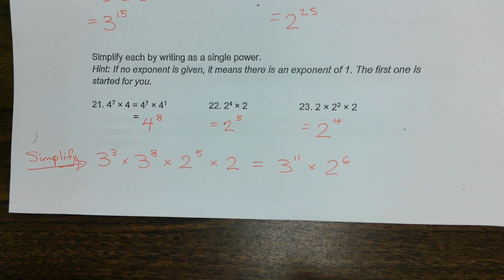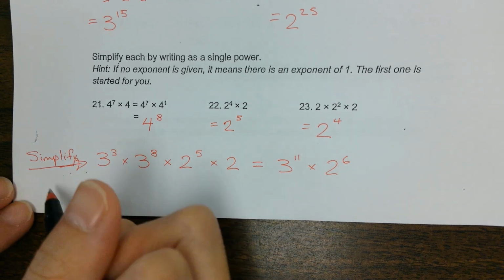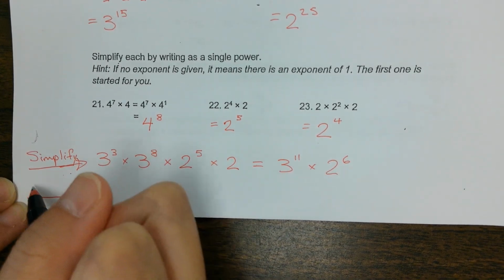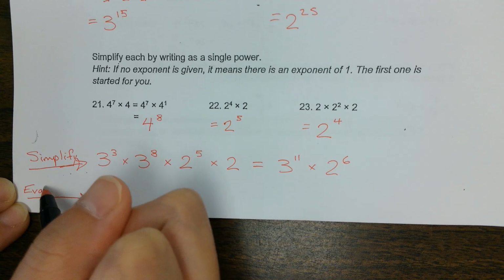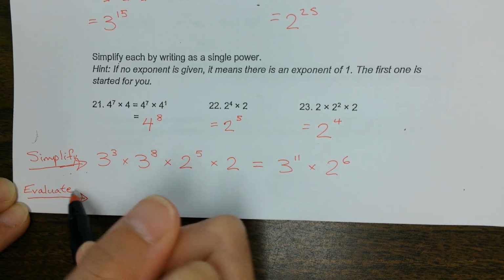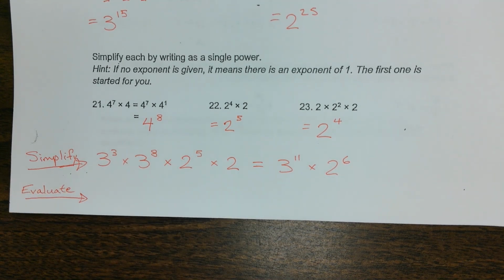How come it's not 5 to the power of 17? Not the same base. Okay, shh, ladies. And now what if I say the question evaluate? If the question says evaluate?